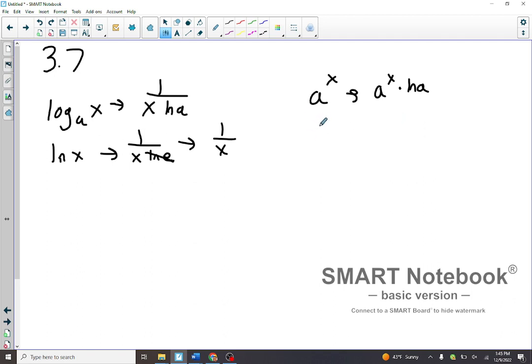In this case, if we have e to the x power, it'll be e to the x times ln e, but ln e cancels out, which means it's just e to the x. That's why the e to the x power derivative stays e to the x.